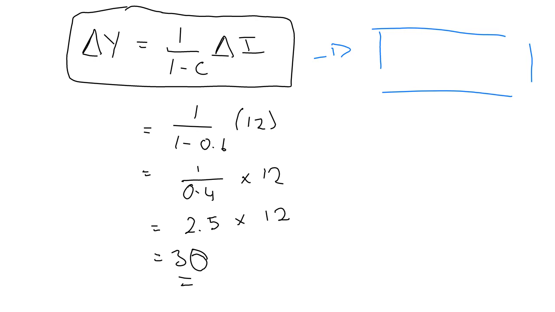If we're going to substitute to find what the change in investment should be in order to get to full income, or to full employment, it will then be change in Y is equal to 1 over 1 minus C multiplied by the change in I, but now we're looking for the change in I, and therefore the change in I is equal to your full employment, YF, multiplied by 1 minus C. Please make sure that you have written this one out. This is a very, very important one.